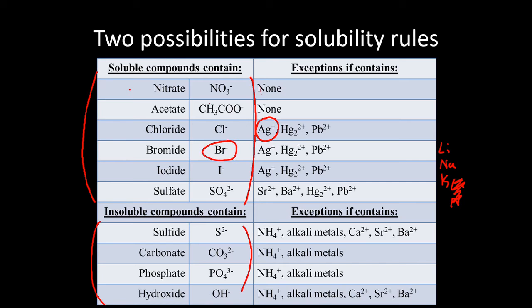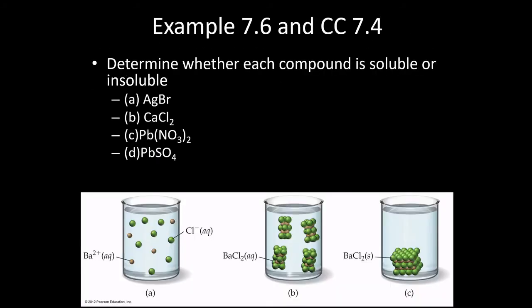Remember, we're always going to look for the anion first. So bromide is generally soluble, but silver is an exception to that. So what that means is this is going to be insoluble. That is not going to dissolve in water.